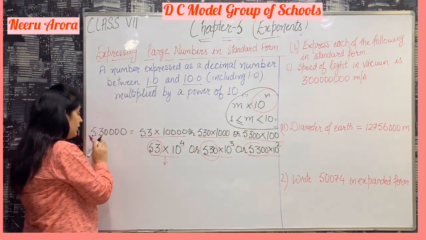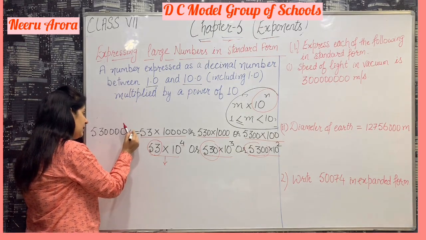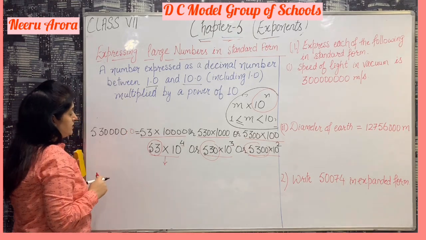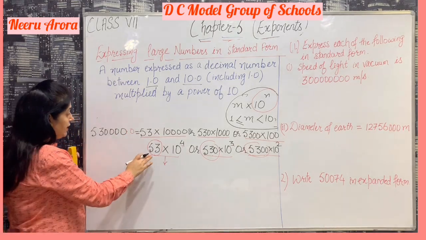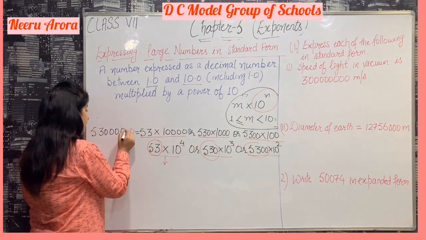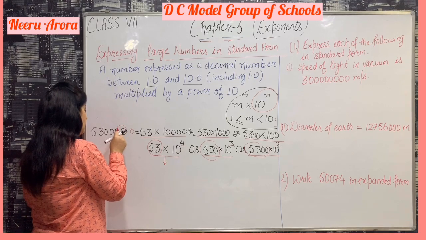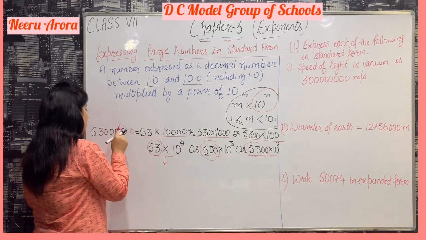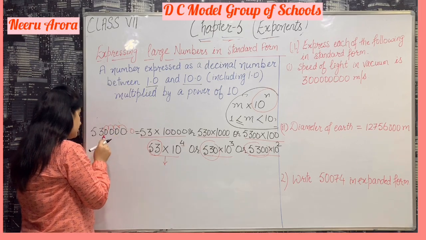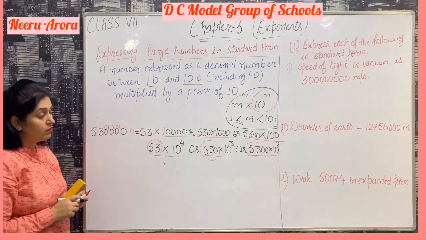When we don't have any decimal, it means the decimal is at the last, 0.0. Now if I write 53 into 10 raised to power 4, what have I done? I have just shifted this decimal 1, 2, 3, 4. I have shifted the decimal here, 53 into 10 raised to power 4.